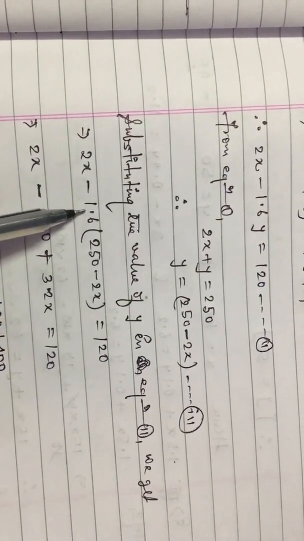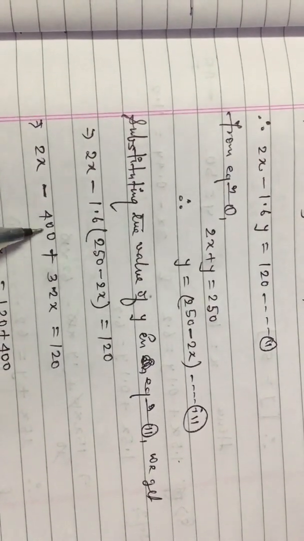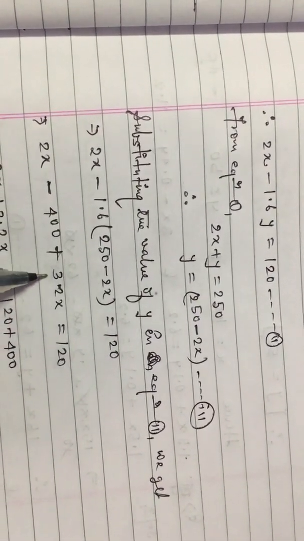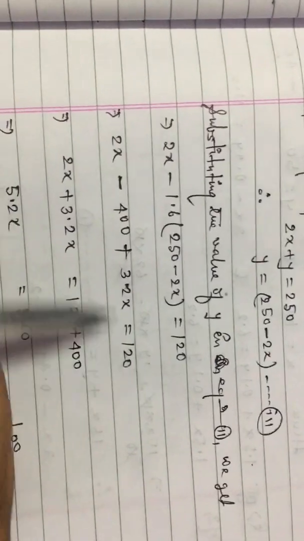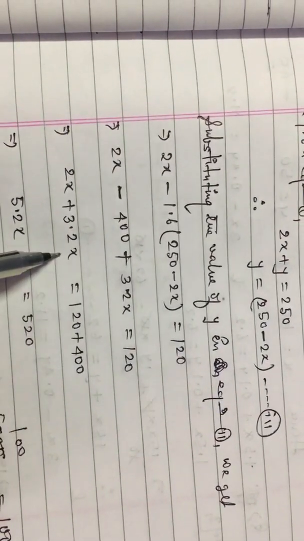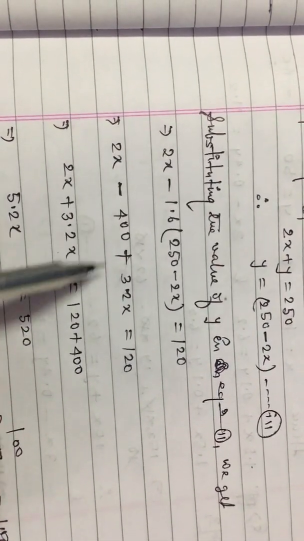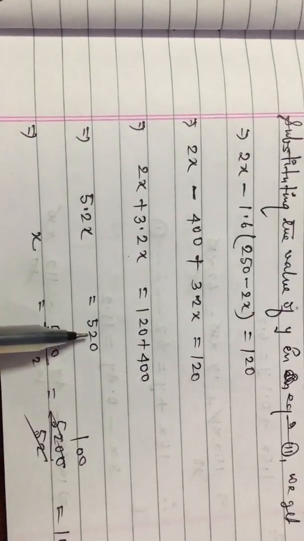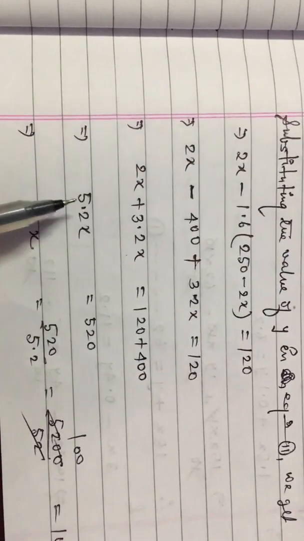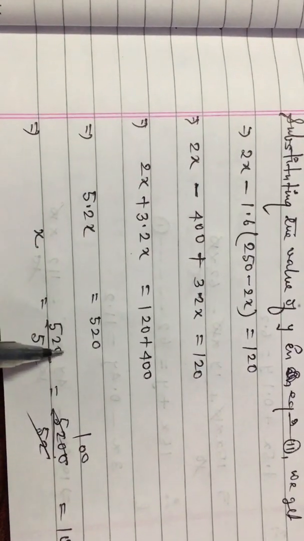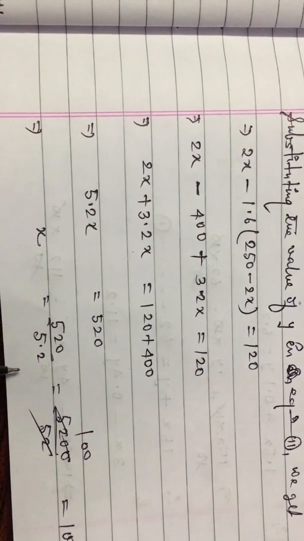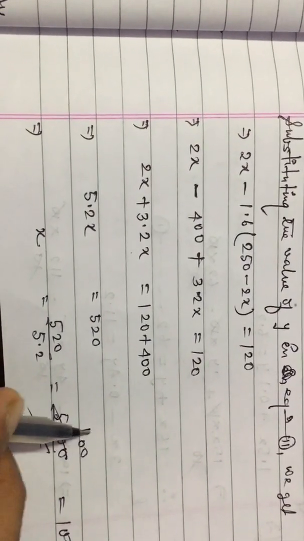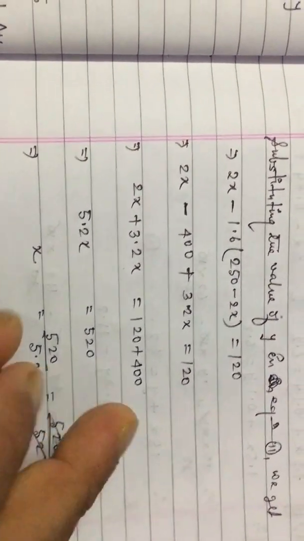So 1.6 multiplied by 250 is 400, and minus minus plus, 1.6 into 2 is 3.2x. So 2x plus 3.2x is equal to 120 plus 400, that is 520, and adding, 5.2x is equal to 520. So x is equal to 520 by 5.2. Removing the decimal, 52 ones are 52 and a 0, so x is equal to 100.